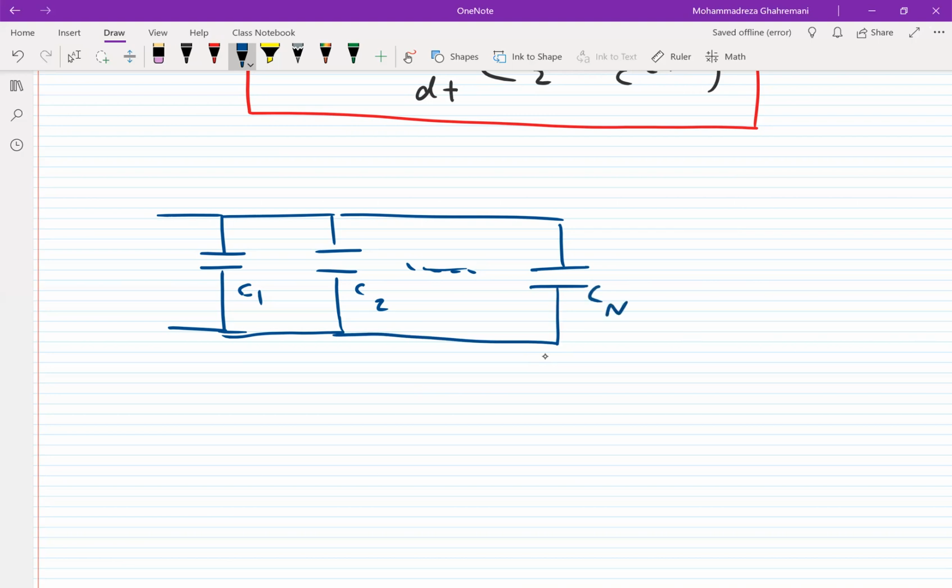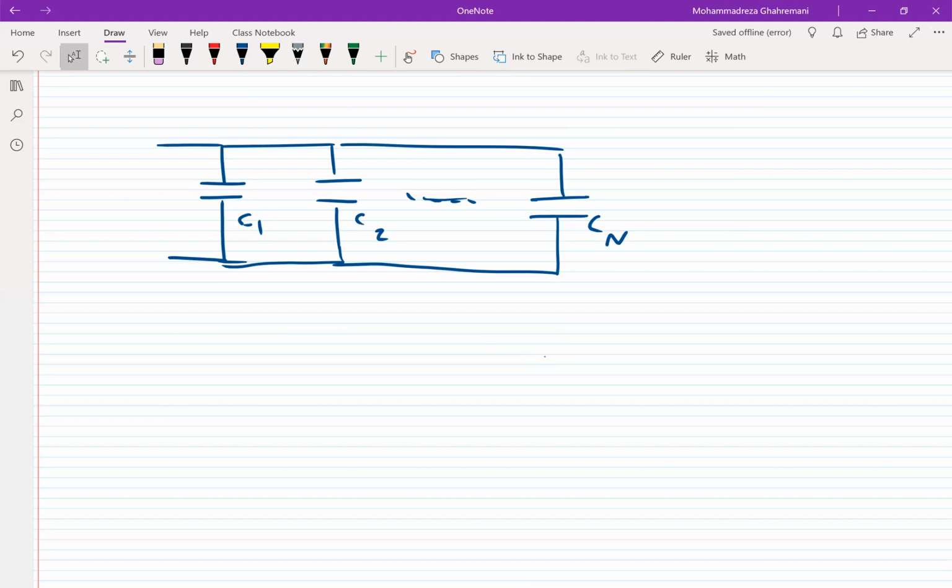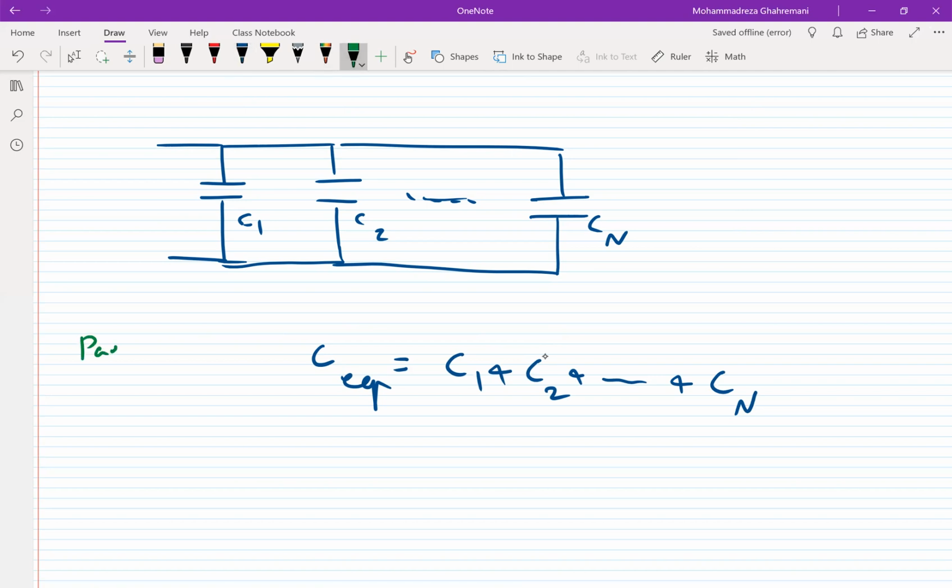If we have n capacitors connected in parallel, unlike resistors, we can simply say that the equivalent capacitance is equal to the total of the capacitances. So C equivalent is equal to C1 plus C2 plus up to Cn. So for parallel capacitors, we can use this equation.